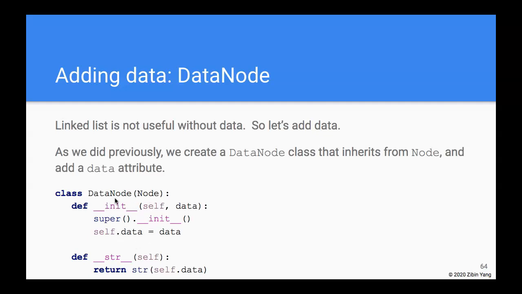So when we initialize the data node, we store a piece of data in the data node. Now, for the string method, we no longer need to print out the ID of a node because the data, or the string representation of it, should clearly tell us what is in a data node.